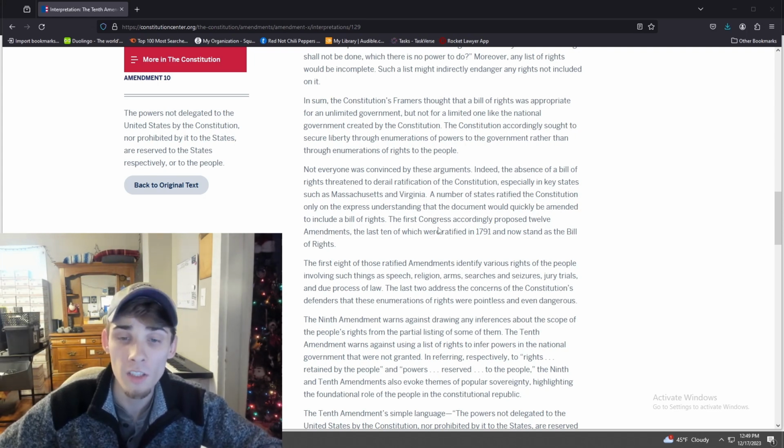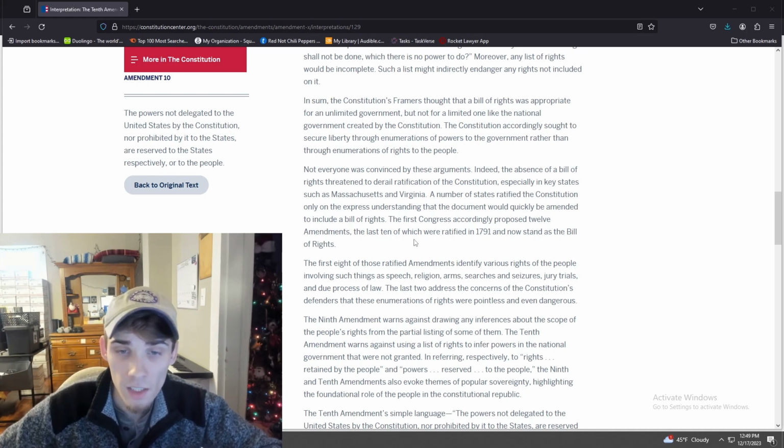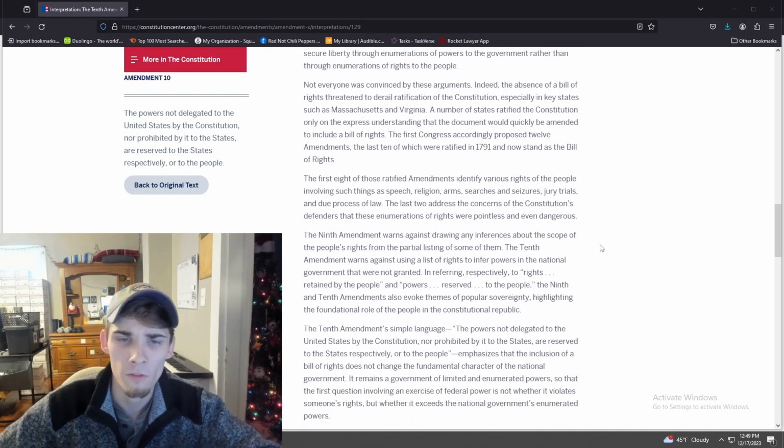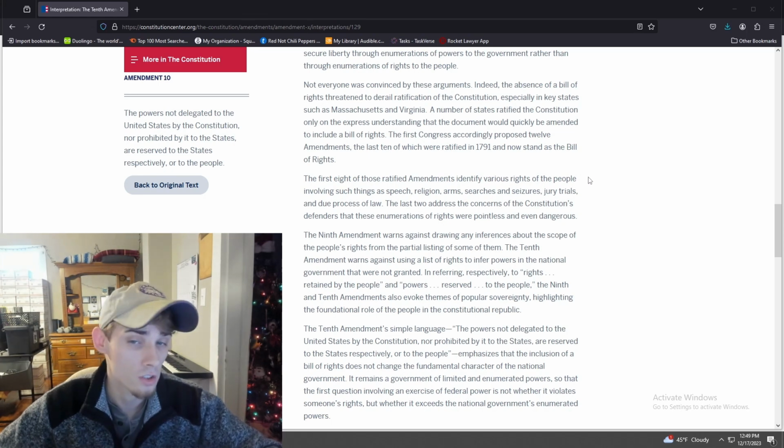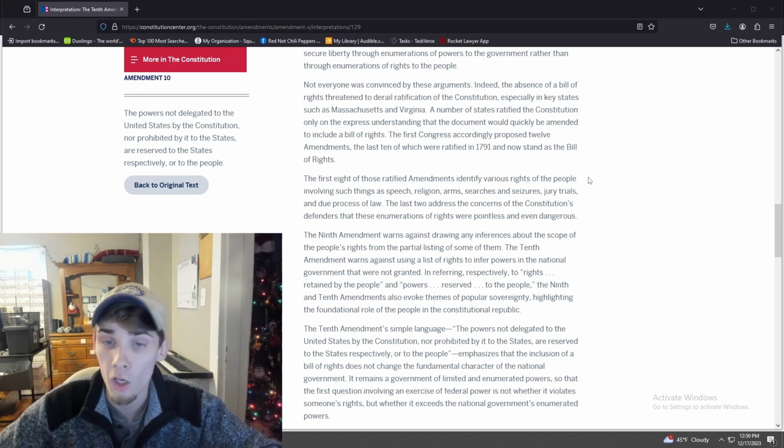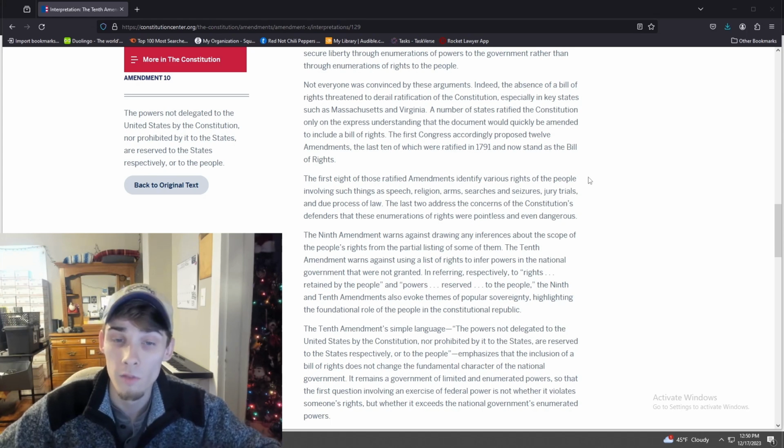The first Congress accordingly proposed 12 amendments, the last 10 of which were ratified in 1791 and now stand as the Bill of Rights. The first 8 of those ratified amendments identified various rights of the people, such as freedom of speech, religion, arms, searches and seizures, jury trials, and due process of law.